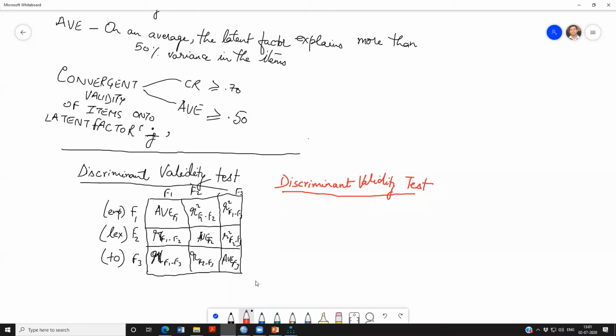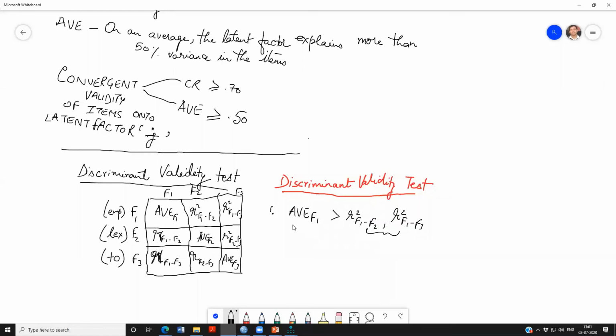So the conditions are, number one, AVE of F1 should be greater than R square F1, F2 and R square F1, F3. That means the average variance extracted of the items by the latent factor is more than the shared variance. What is R square here?